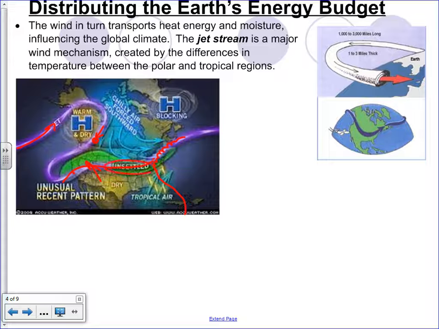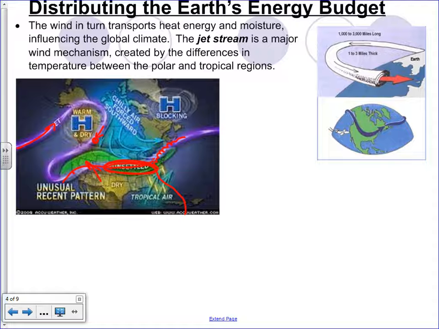Now, in this unsettled area, what do we call this area right here that goes through the northern central United States? It would include places like Kansas, Oklahoma, Ohio. Yeah, Tornado Alley. You guys heard that term? That's Tornado Alley, and that's because the jet stream very often runs right through there in the summertime, and that can cause very unsettled weather.